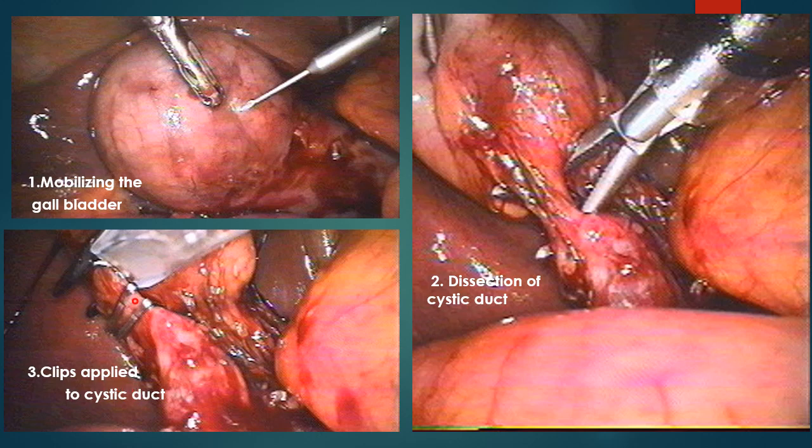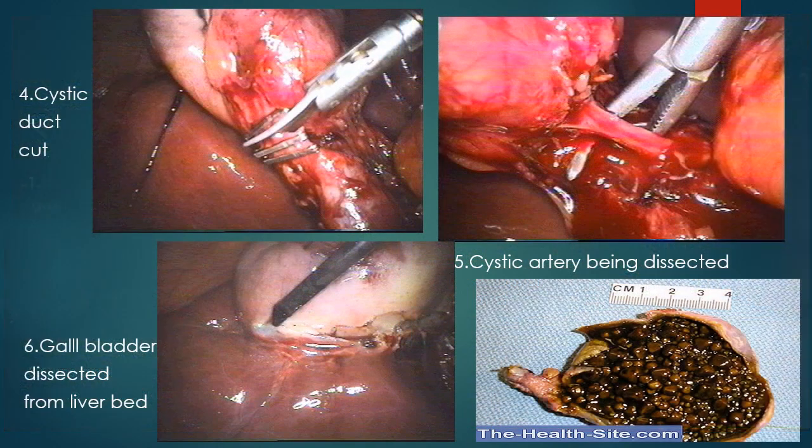The third step is application of clips over the cystic duct. Once these clips are applied, the cystic duct is transected between the clips.